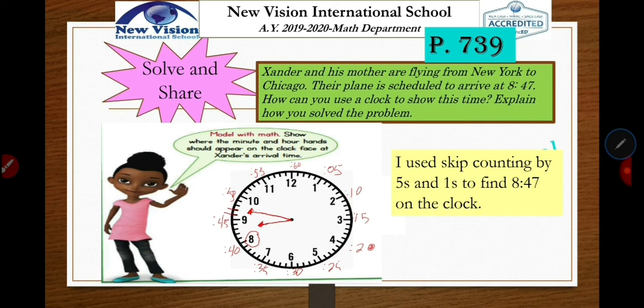The short hand should be closer to 9. Why closer to 9? Because it is about to be 9 o'clock. Okay, so you say, I used skip counting by fives and ones to find 8:47 on the clock. Did you understand? Good.